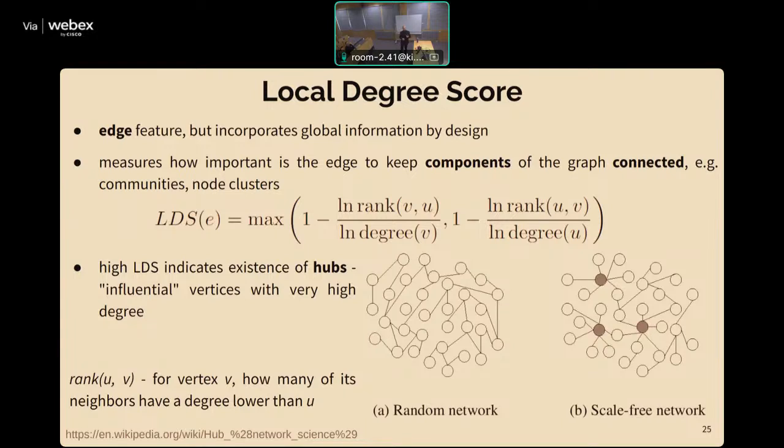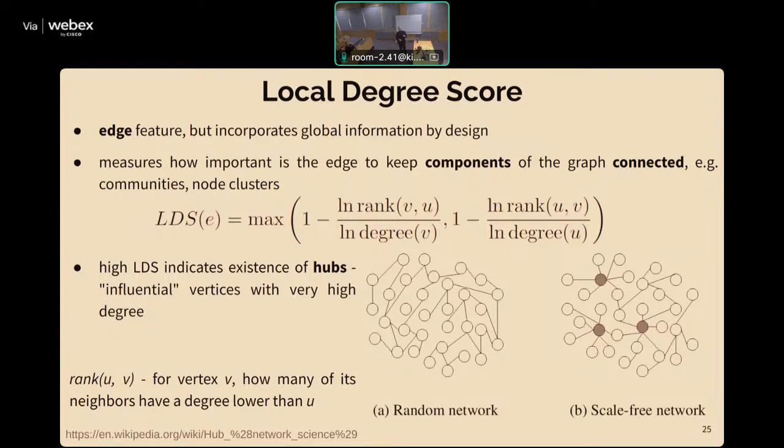So this measures for each edge how important it is to keep the components of the graph connected. Where components are node clusters, like communities, tightly knit groups of friends, which are typically connected by very small number of edges between them in a graph. So local degree score will be high if in the graph there are visible communities.